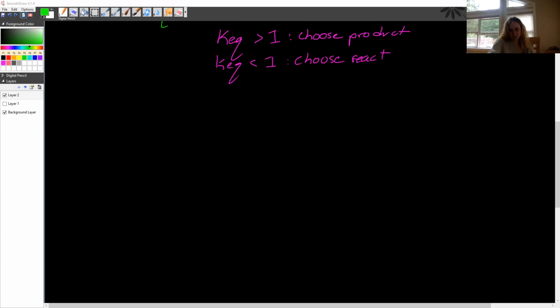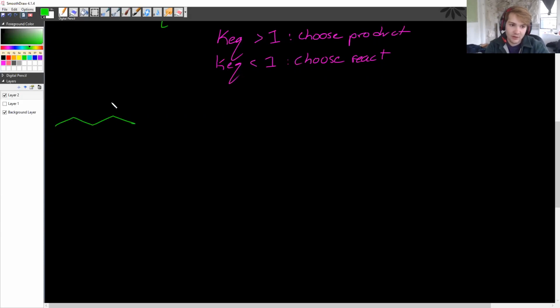Let's take a look. I'm going to take a slightly modified version of the mango flavor. So maybe it won't taste exactly the same, but you know what?